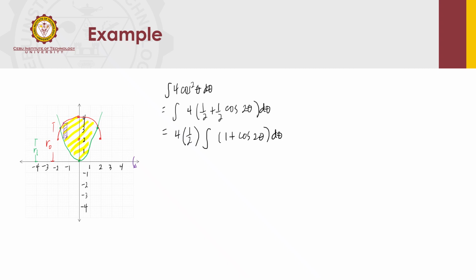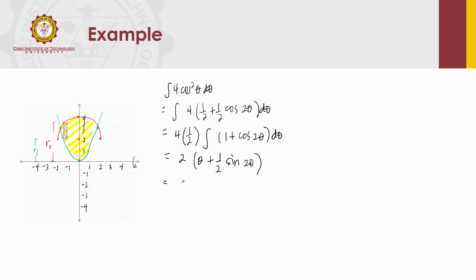So that's 2 times the integral of 1, which is theta, and of cosine, so that's plus 1/2 sine 2 theta. The neutralizing factor is 1/2, right? And we're going to evaluate this later.